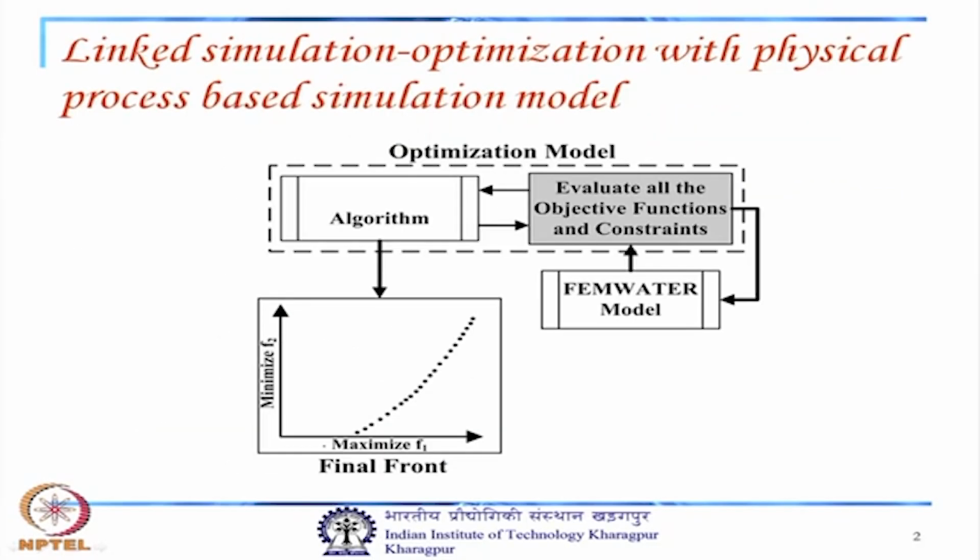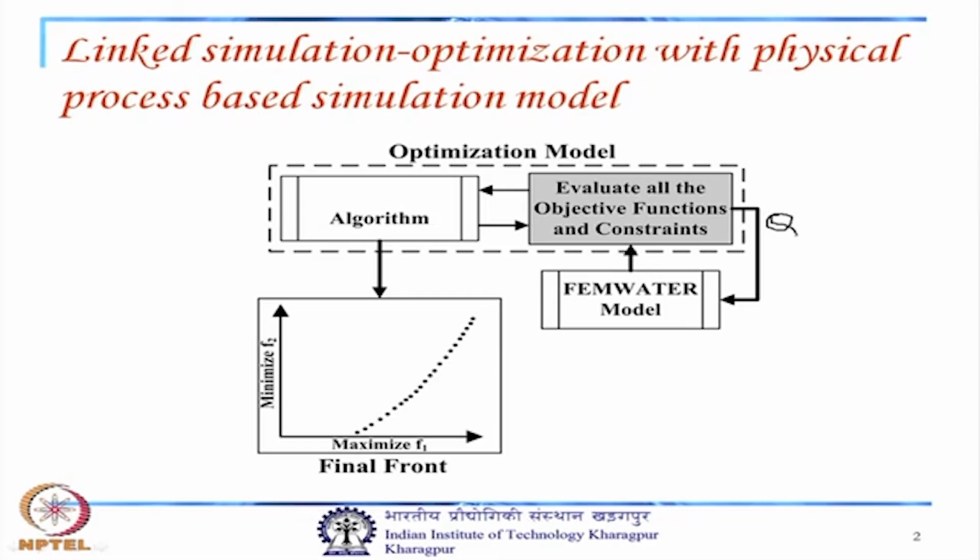So, we can have this kind of situation where this is our optimization model. During evaluation of objective and constraints, we can go to FEM water. FEM water is a density dependent flow and transport simulation model. So, during this objective function and constraint calculation, we need the information about concentration. So, what are we passing through this?